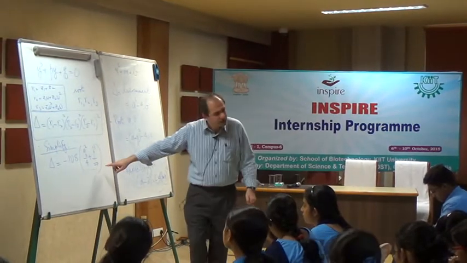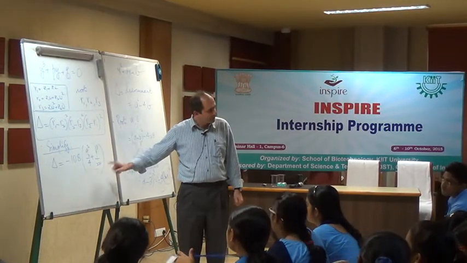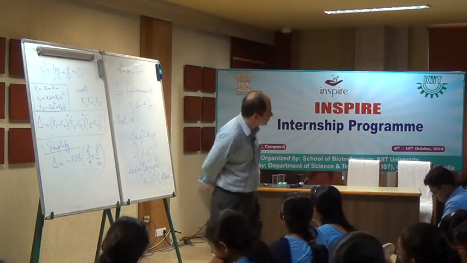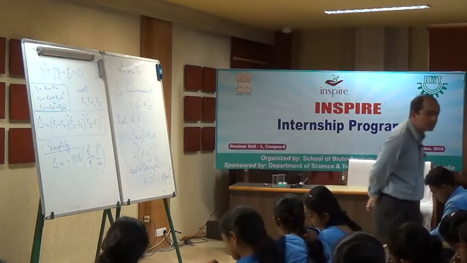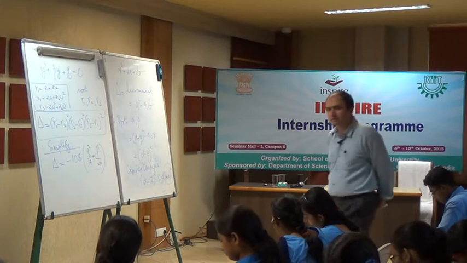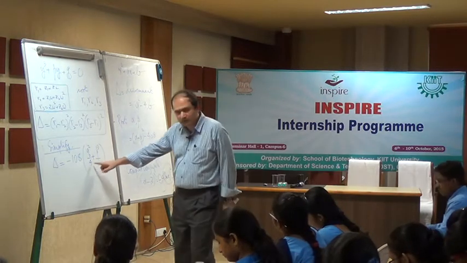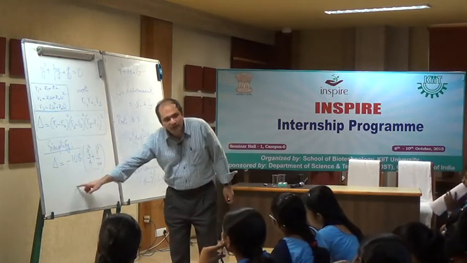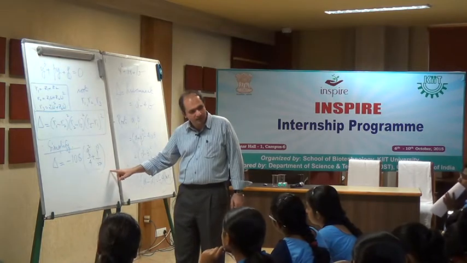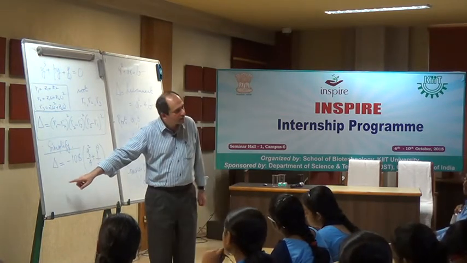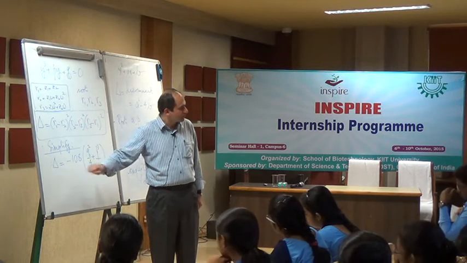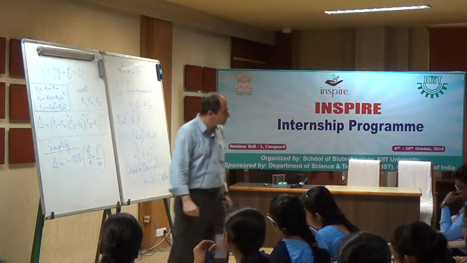And do you recognize this? Q squared by 4 plus P cubed by 27. This was exactly the expression under the square root sign when we were finding Z1 and Z2. Remember that?